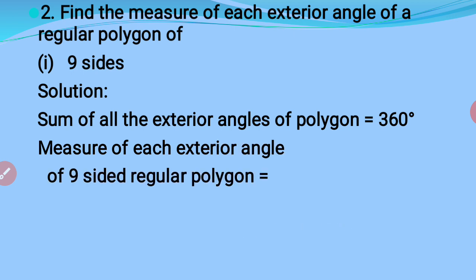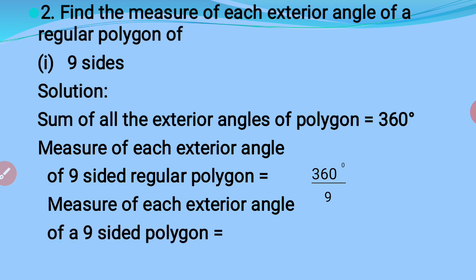Now if the figure is a 9-sided regular polygon, 360 will be divided by 9, and the value 360 comes from the fact that the sum of all the exterior angles is always 360 degrees. So each angle for this polygon will measure 40 degrees.